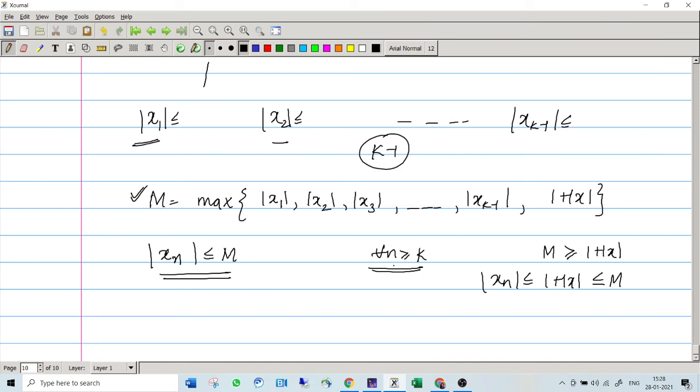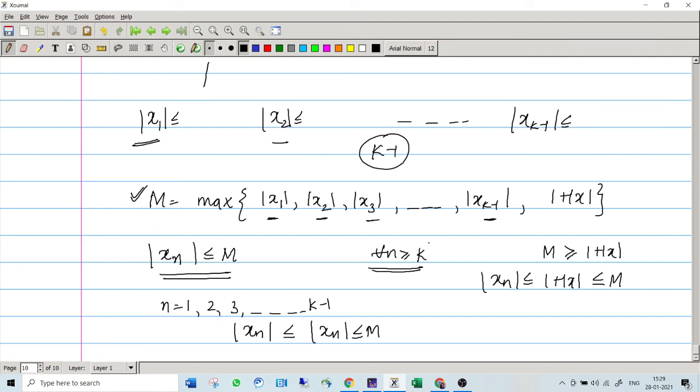This is sorted, right? And for n equal to 1, 2, 3 and so on, mod xn is less than or equal to itself, which is further less than or equal to m, right? Up till k minus 1 we are considering. So for n equal to 1, 2, 3 up till k minus 1, mod xn is definitely less than or equal to its own mod, which is less than or equal to m because m was the maximum of these as well.